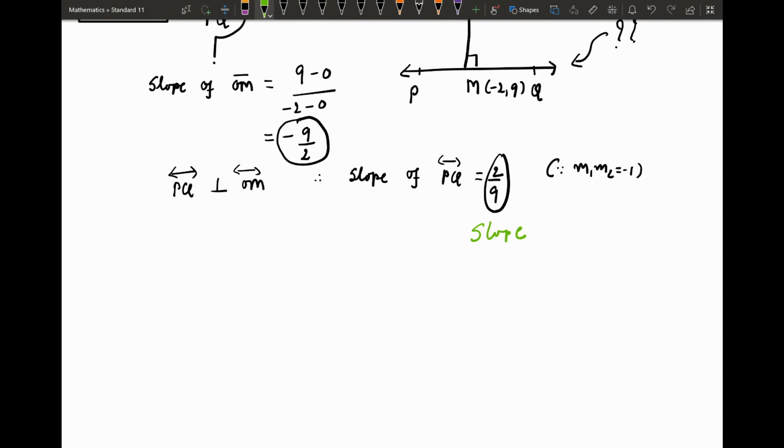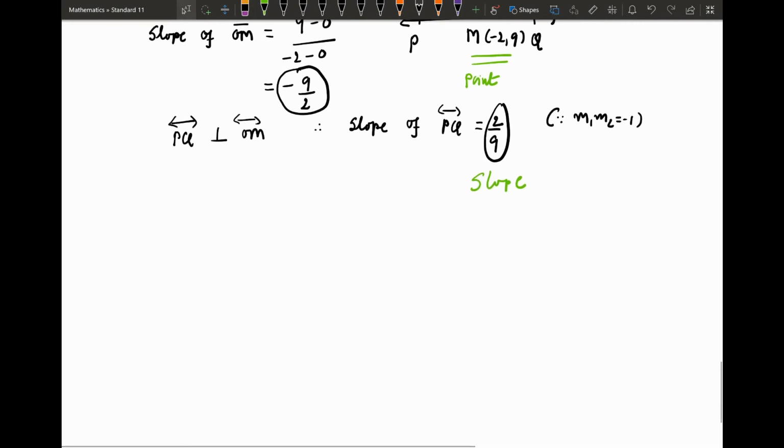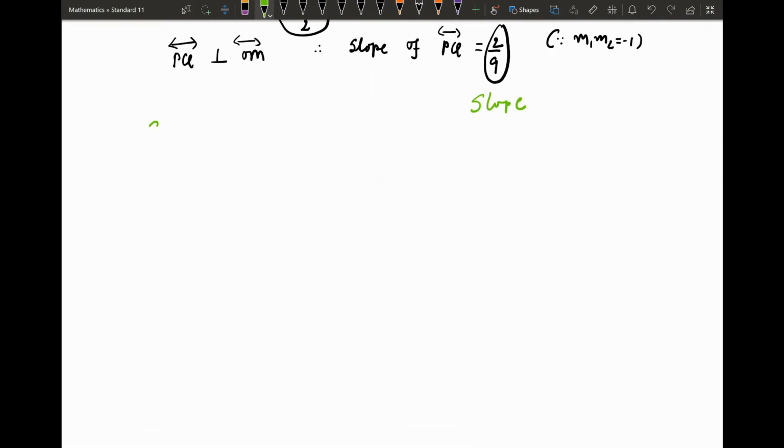The point is the foot of perpendicular, so the point is also given. So the equation of line PQ is y minus y1 equals m into x minus x1, using the point slope form.